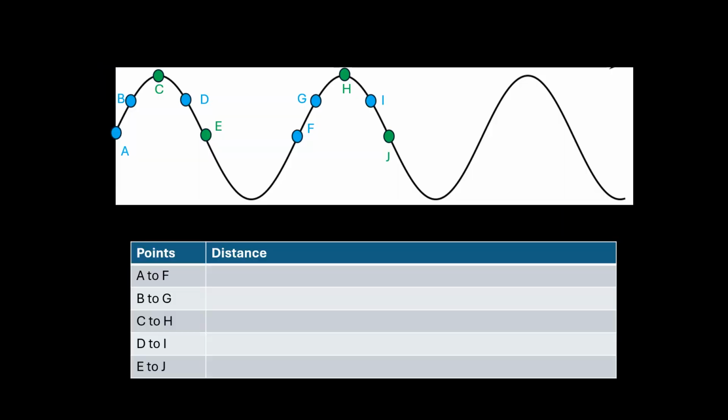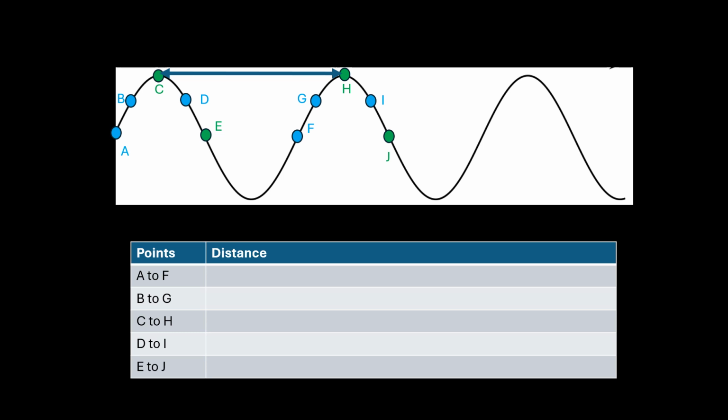We have now added more points on this transverse wave, points A to J. The distance between point C and H is the wavelength of this wave. We've already established that.